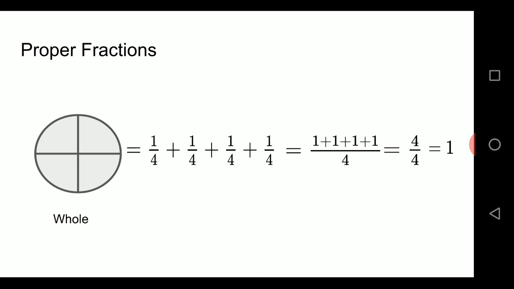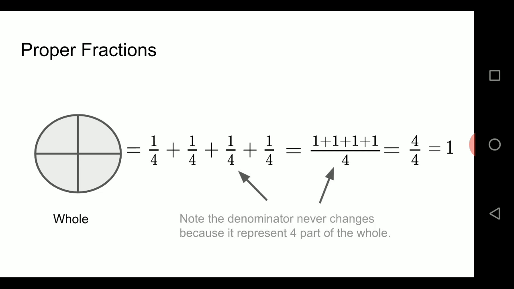Any of these parts is less than the denominator. Note that the denominator never changes in all the additions that we did. The denominator always remains the same, because it represents four parts of the whole.